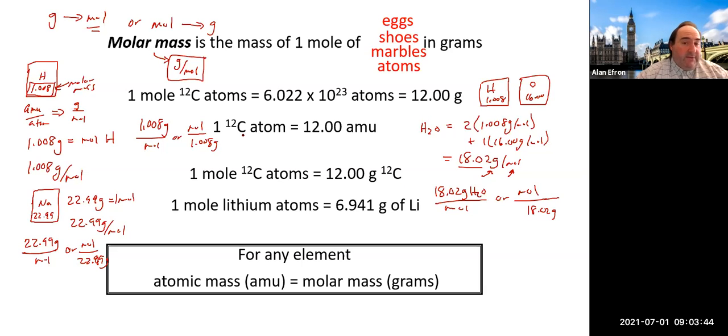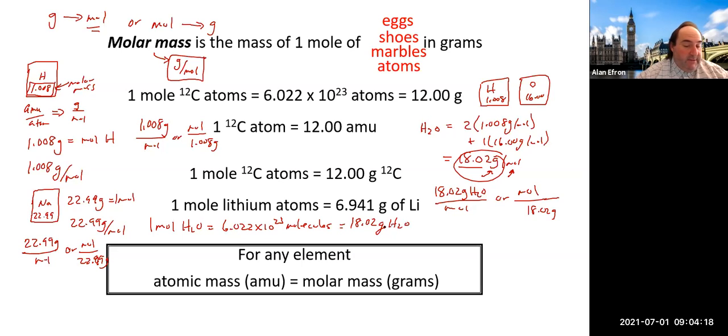Now we could tie all those things together. Basically, 1 mole of carbon equals Avogadro's number, which equals 12 grams for carbon 12. So if we said we had 1 mole of water, that would equal 6.022 times 10 to the 23 molecules of water, which would equal, as we see here, 18.02 grams of water.